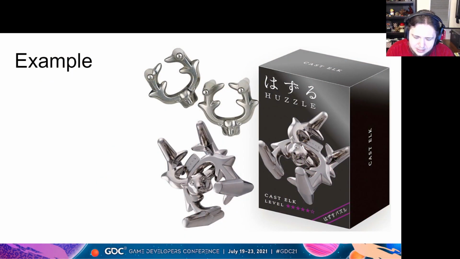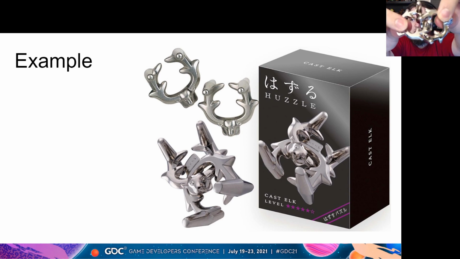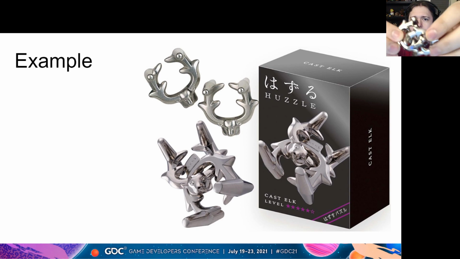The thing that's interesting about these is that my spouse Alyssa had this as a teenager, and she was able to solve the puzzle, but she never actually noticed the trick. The trick is that when you have these two things together and you try to do this move, most of the time it will not work.